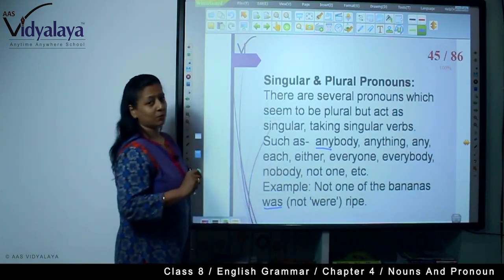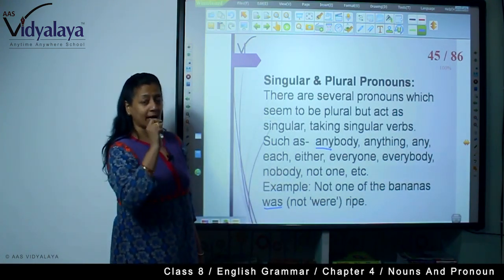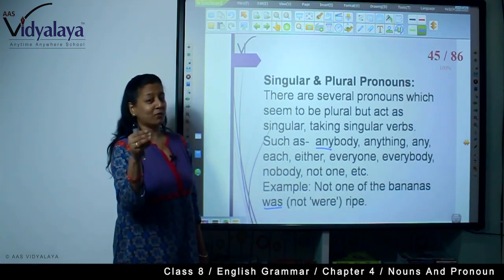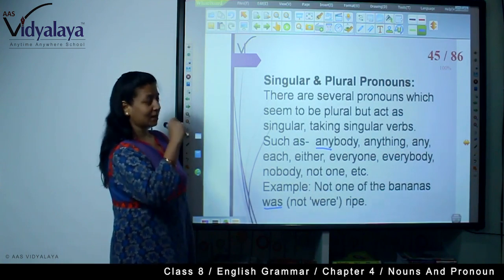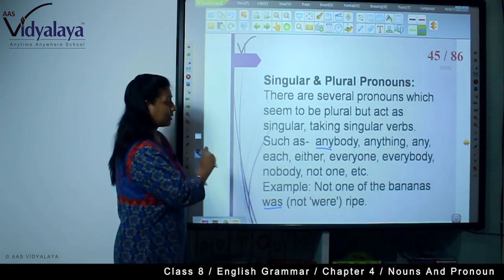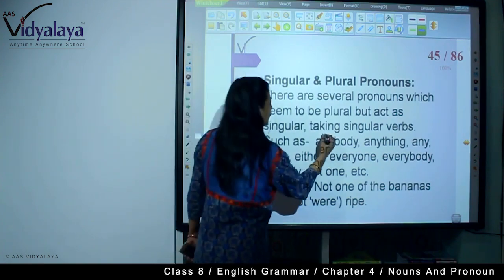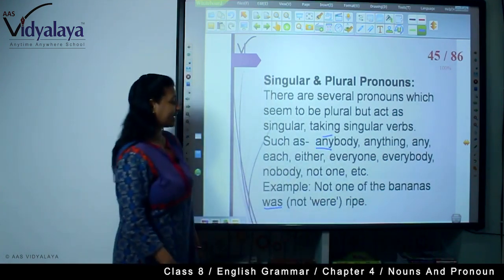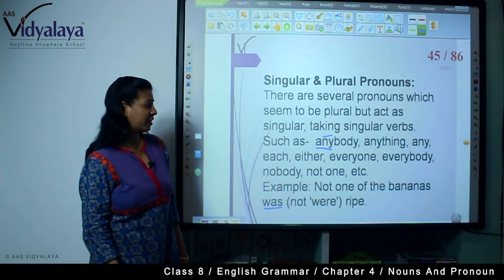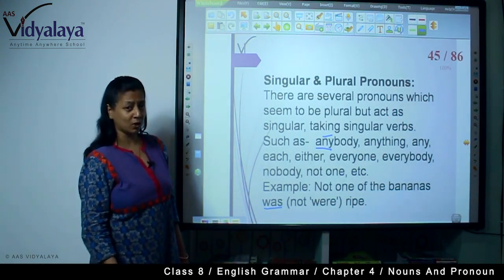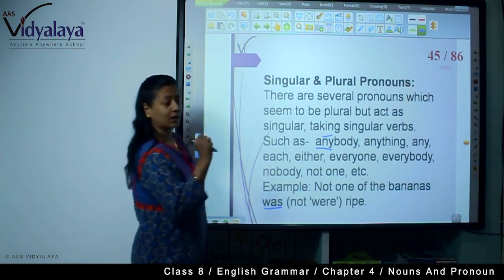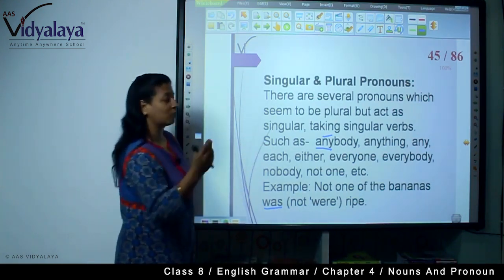So you will have to understand the pronouns, and according to that the verb will be used. Subject-verb agreement has different rules for everything. If the sentence starts with the subject anybody, anything, any, each, either, everyone, everybody, nobody, not one, the verb will be singular: in present is, in past was.